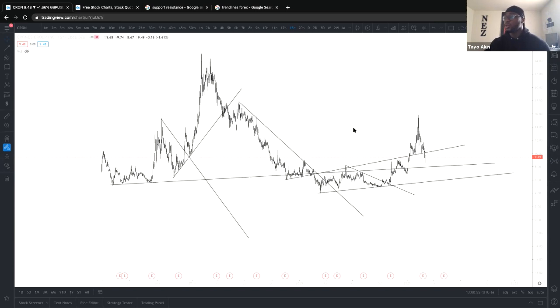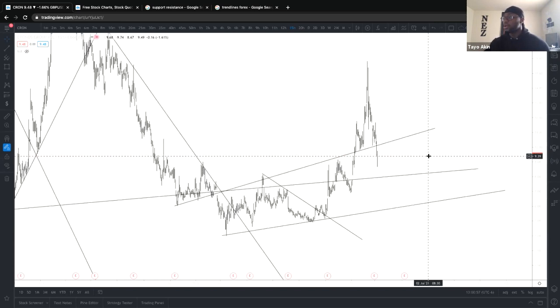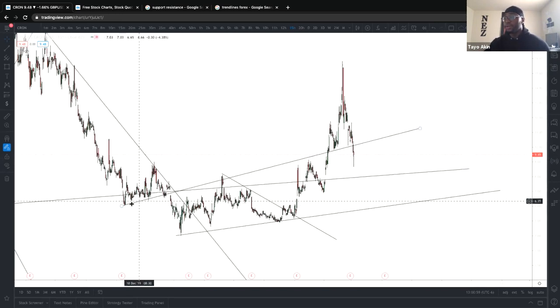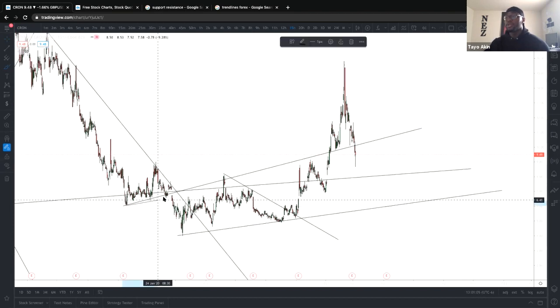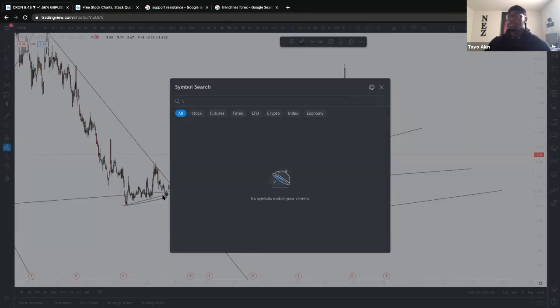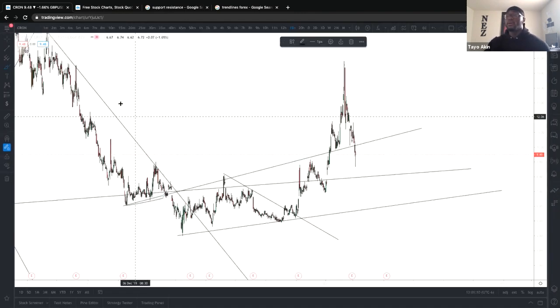So if you take this trend line right there and you shoot it across, you're going to see all of those rejections. You're going to see all of these rejections, okay?